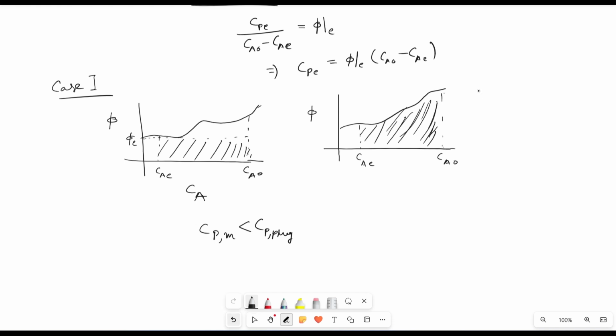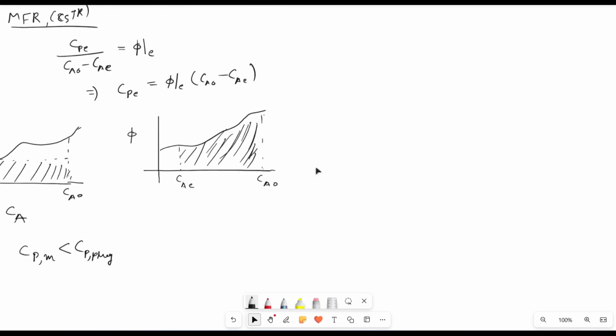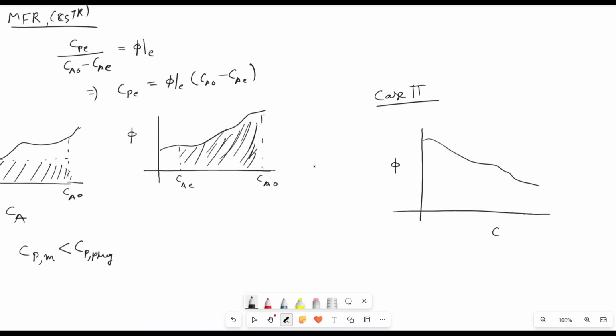Again, for case two, if the curve is like this, with phi versus Ca, this is the exit concentration and this is the inlet concentration.